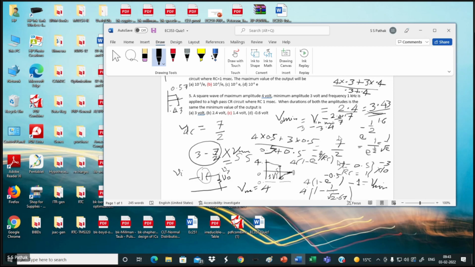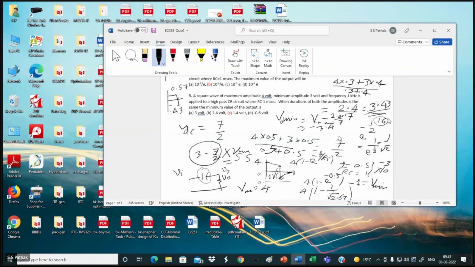Sir, we are saying that 4 into 1 minus e power minus 0.5, the whole value after simplification, we are getting 1.6. How can it be? 2.67 itself is yours, the square root is 1.6.